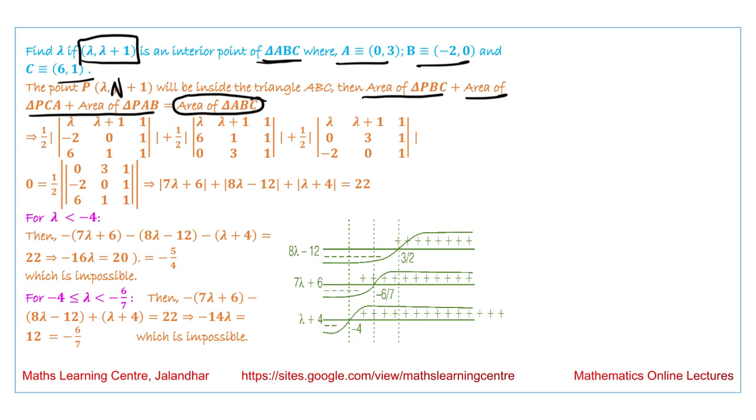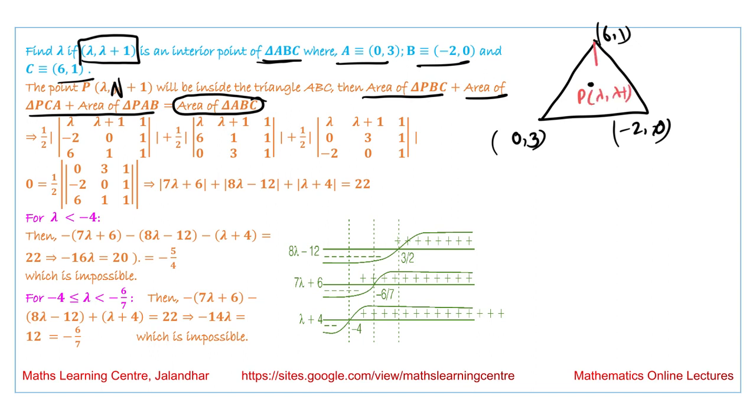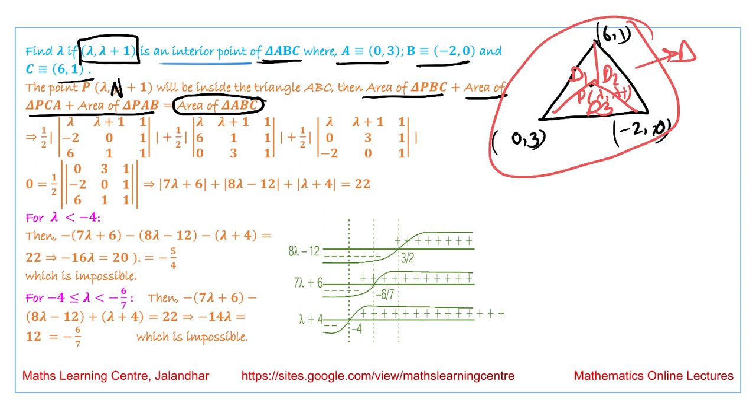We have a triangle with points 0, 3, minus 2, 0, and 6, 1. We have a point P, lambda, lambda plus 1. We are talking about 4 triangles: delta 1, delta 2, delta 3, and the whole triangle delta. As per the question, this point is an interior point, so delta 1 plus delta 2 plus delta 3 should be equal to delta.